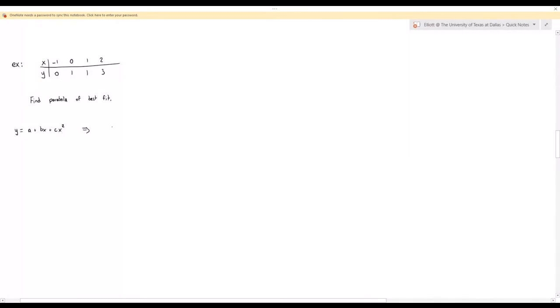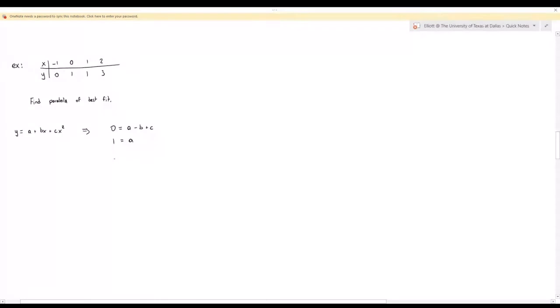We plug in the first point, so y is 0, x is -1. For the second point, y is 1, and we plug in 0 for x. For the third point, x and y are both 1.